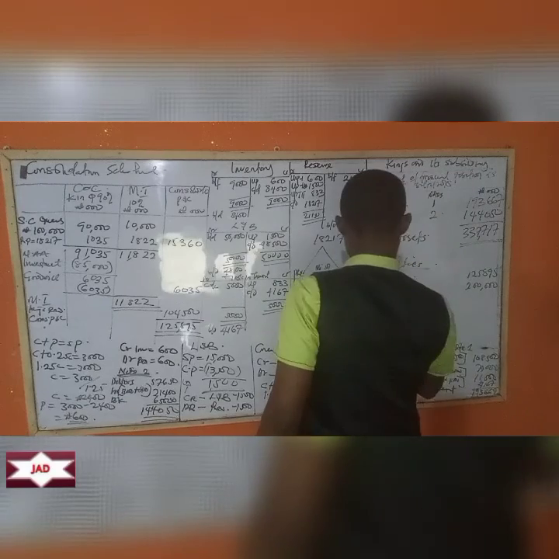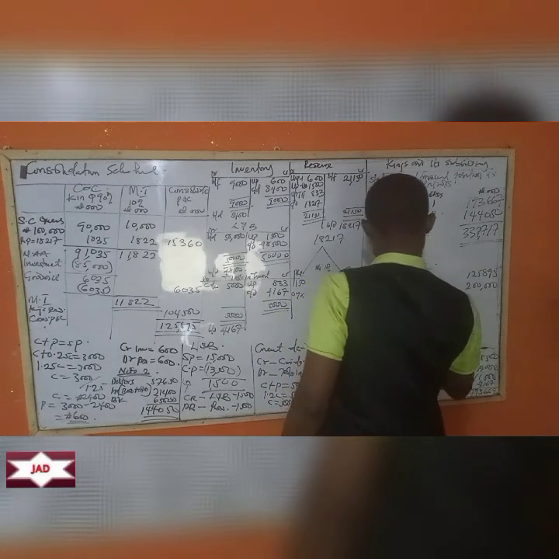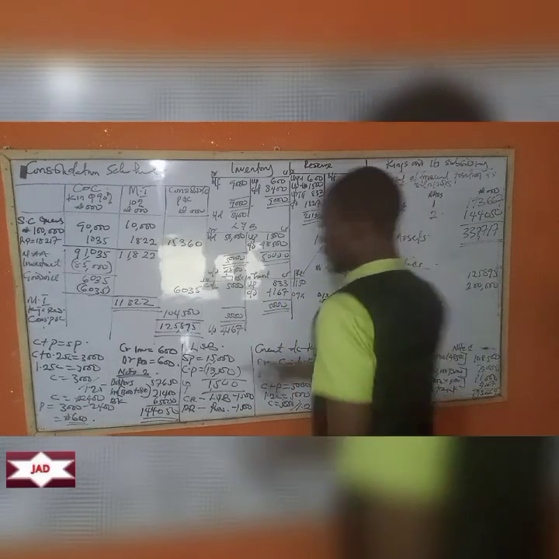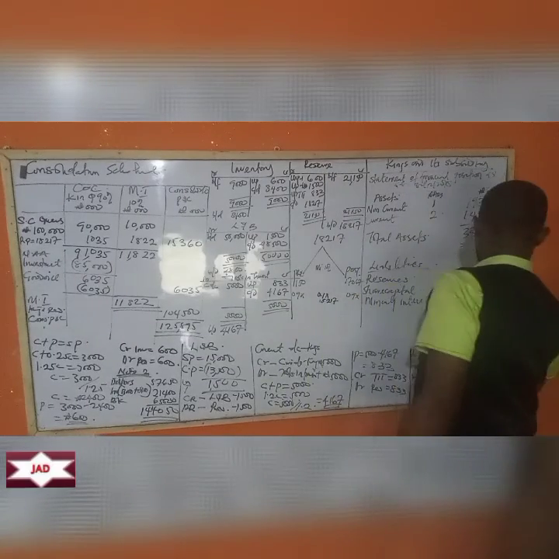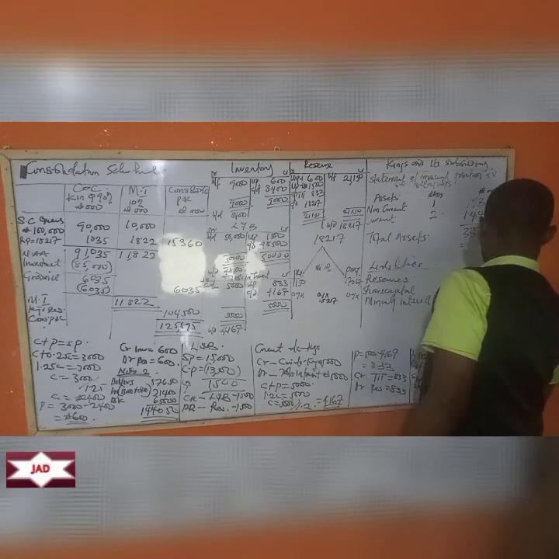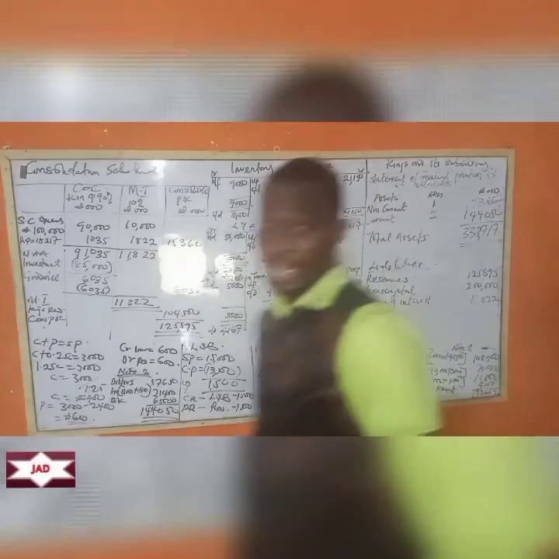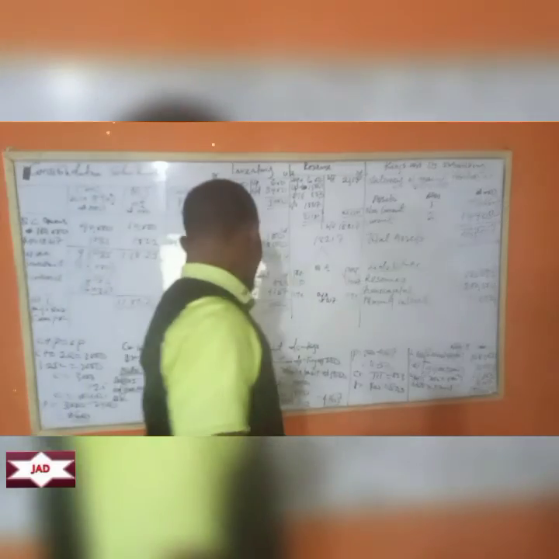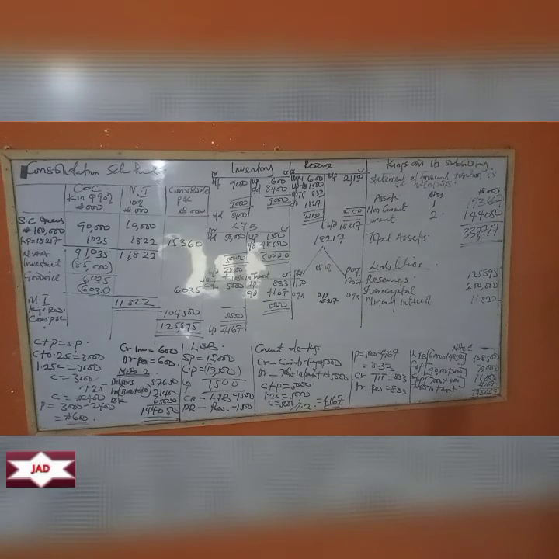And we have our minority interest. What do we have there? 11,822. Okay? The current account, by virtue of this journal, will cancel out, so it will not appear again. That's the essence of the current account. It should be equal from both perspectives, so you can cancel out, equal and opposite.